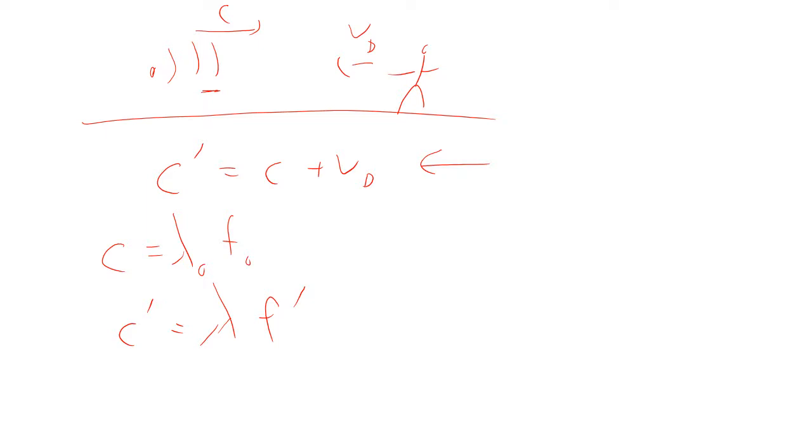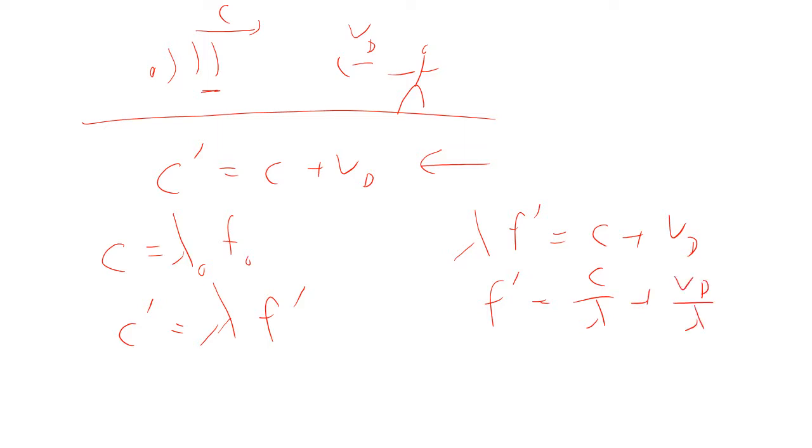Okay, and so we would say that, therefore, λf' equals c plus v_d. Okay, well, if I divide through by λ, so this is f' equals c over λ plus v_d over λ.